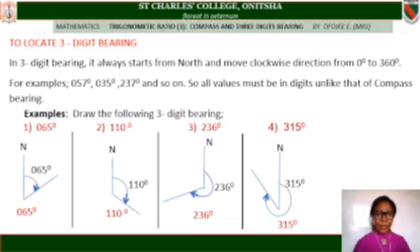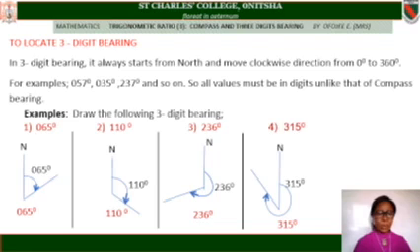But when we have 237 degrees, you see that there's no 0 again because it completes the 3 digits and so on. So all values must be in digits, unlike that of compass what? Bearing. You see that in compass bearing, it is on its own, on the angle. It's not on digits. But this 3 digits bearing is on digits, and that's what we are saying.